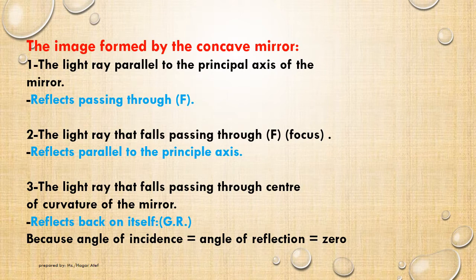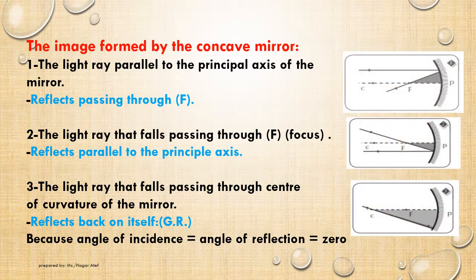The image formed by the concave mirror. Number 1, the light ray parallel to the principal axis of the mirror will reflect passing through the focus. Number 2, when the light ray falls passing through the focus F, it will reflect parallel to the principal axis.